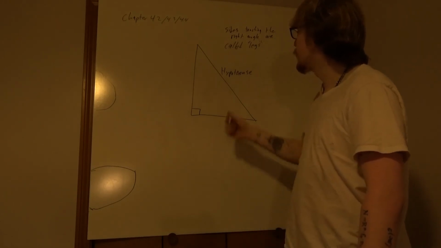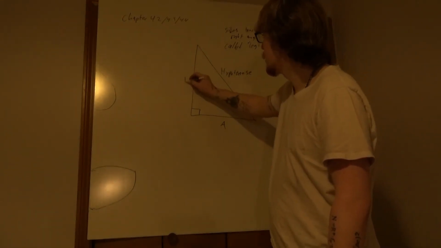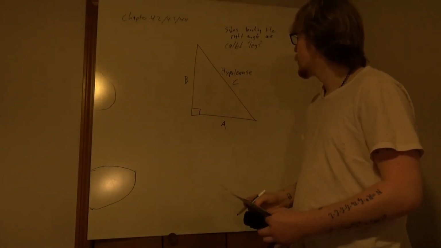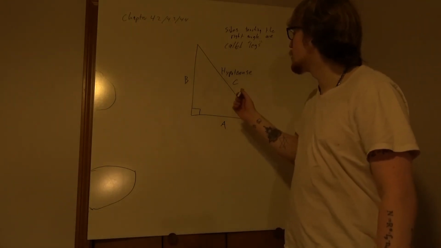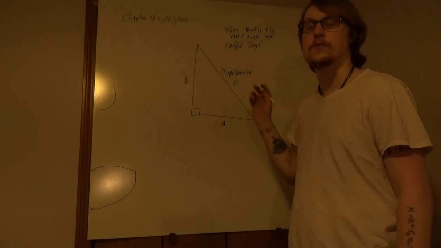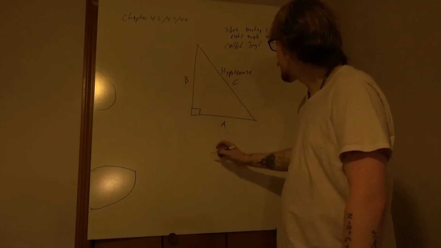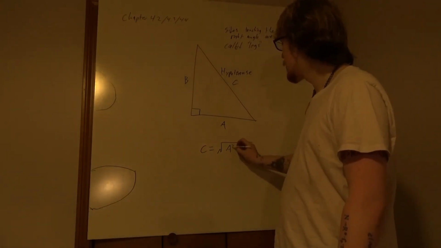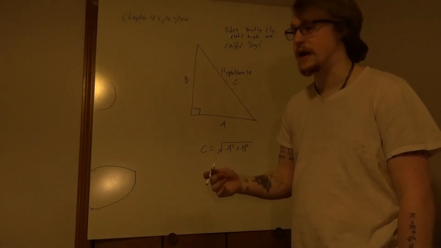If we label these three sides, it's pretty usual to call them A, B, and C. Then by the Pythagorean theorem, we know how to derive the length of the remaining third from any given two. So C is going to be the square root of A squared plus B squared, which comes directly from the Pythagorean theorem.